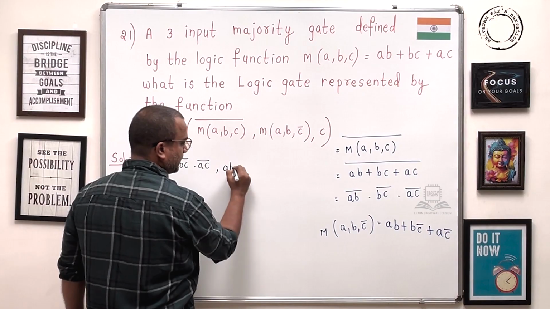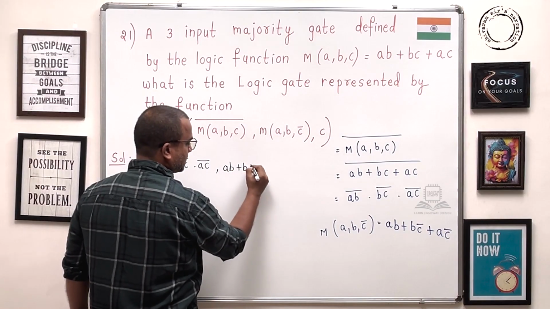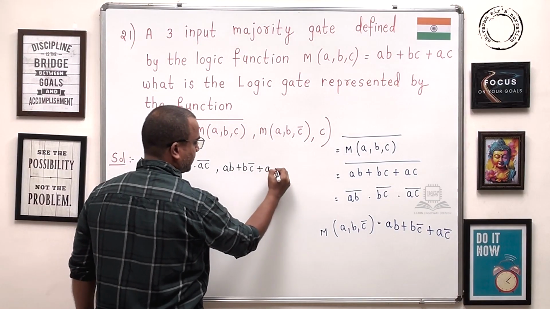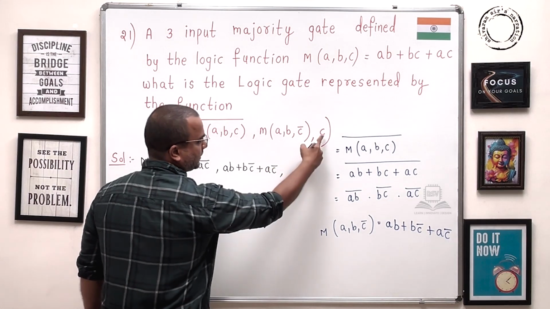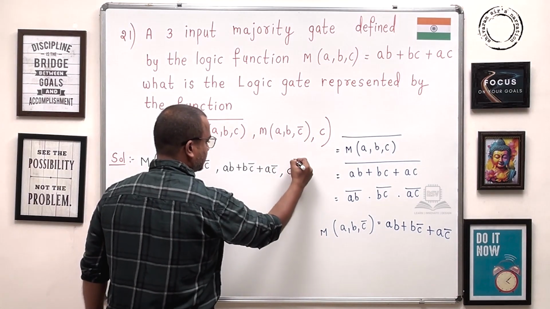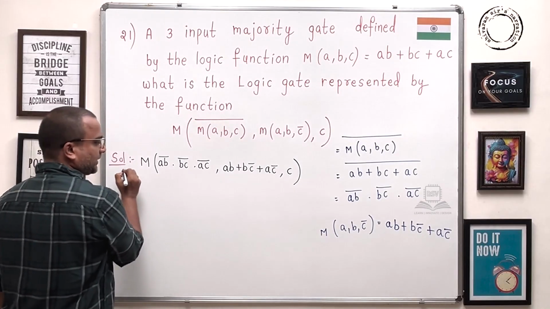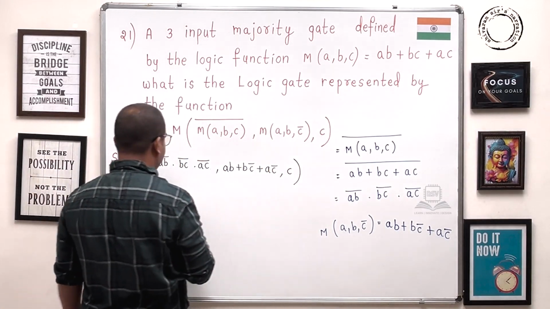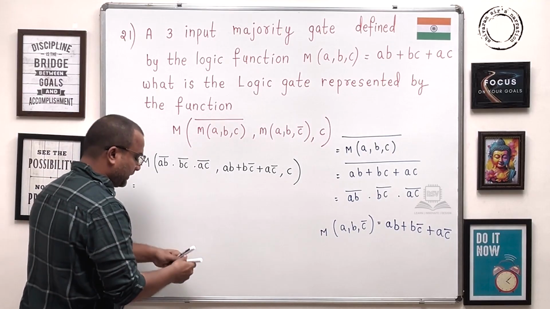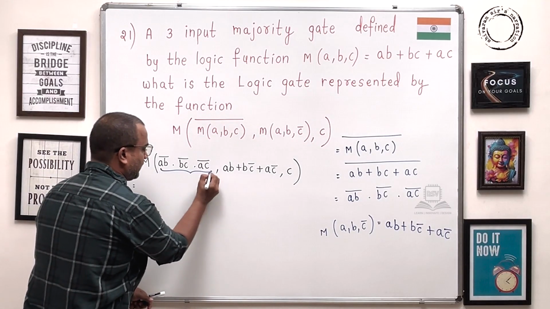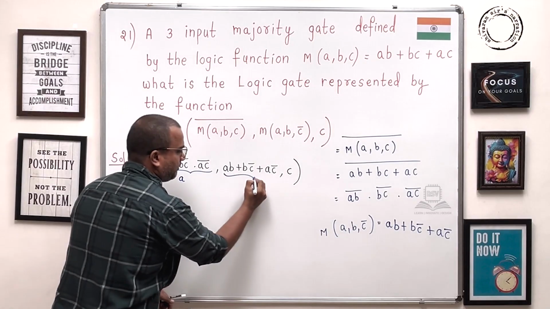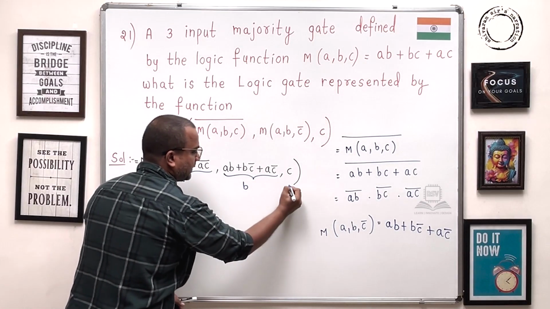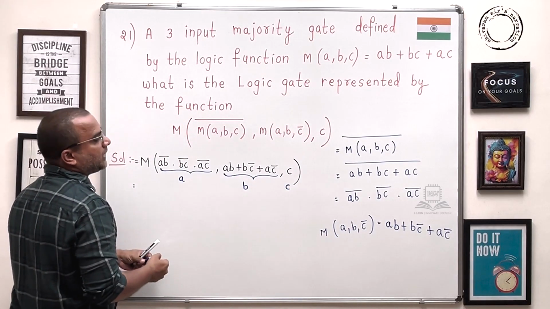AB plus BC bar plus AC bar, comma, C as it is. Now, as per the given function, you can rewrite. See, this can be treated as A, B and C. As per the function AB, right?